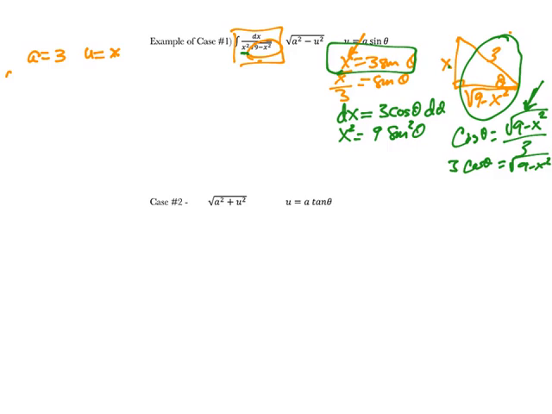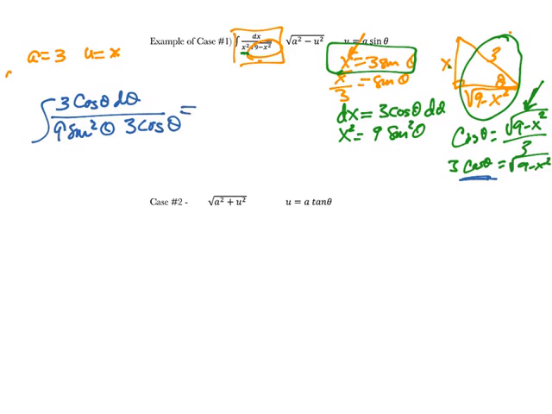So I come back to the problem, and I'm now going to rewrite it using this description. So dx is on top, so that's 3 cosine theta d theta, over x squared, which is 9 sine squared theta, times the square root of 9 minus x squared, which we said was 3 cosine theta.